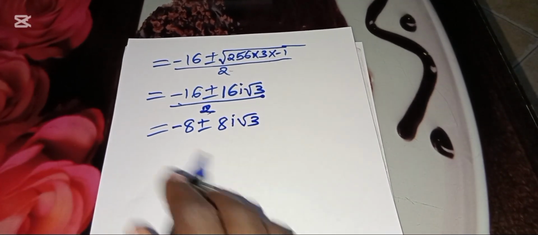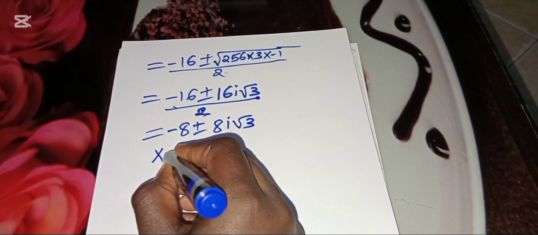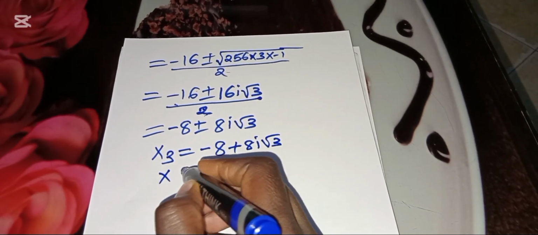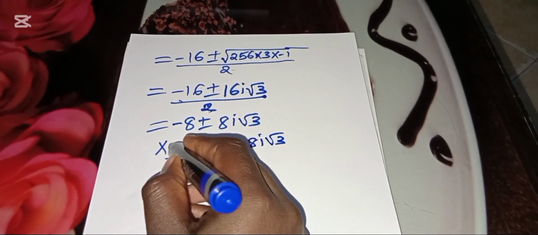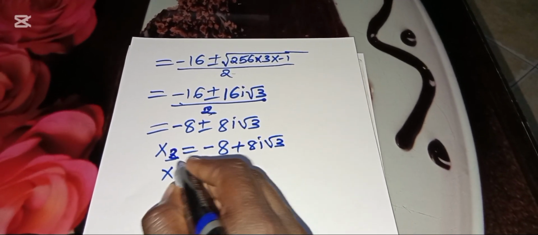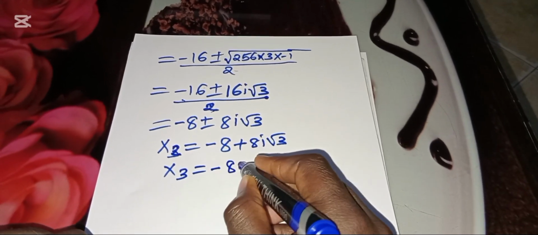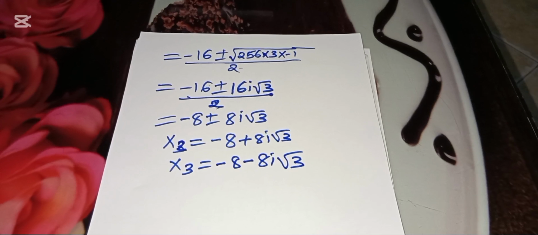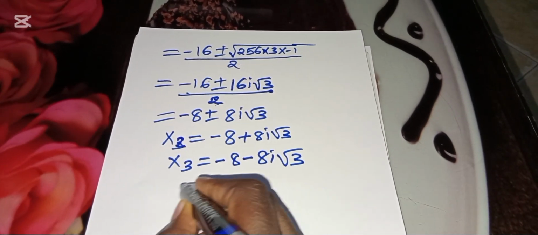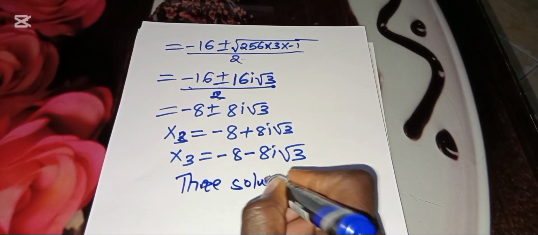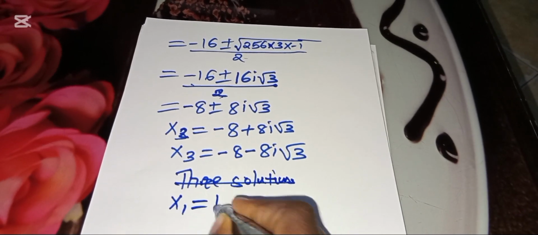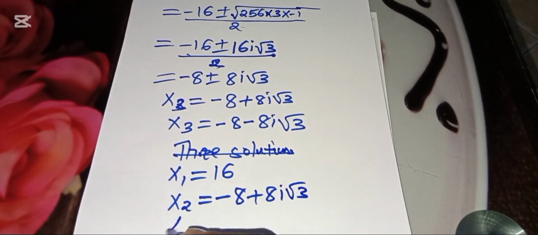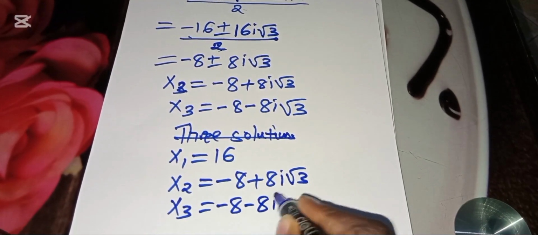All right, so that means we have two possible values here. x2 is given as negative 8 plus 8i square root of 3, and x3 is equal to negative 8 minus 8i square root of 3.